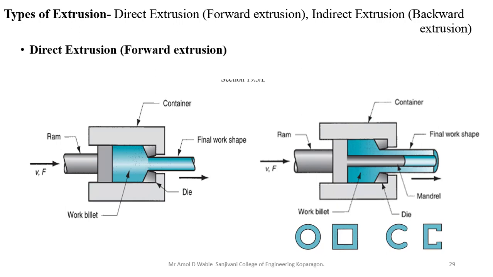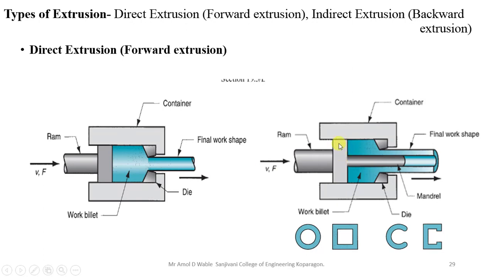You can see in the figure two forward extrusion processes. In one figure you will get output as a solid shaft, and here you will get output as a hollow shaft, but the concept in both cases is the same.